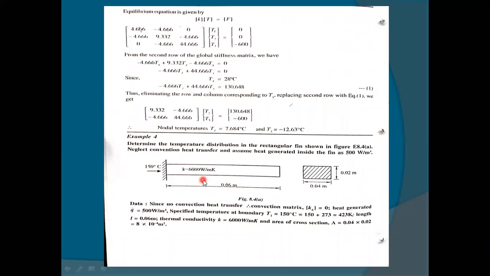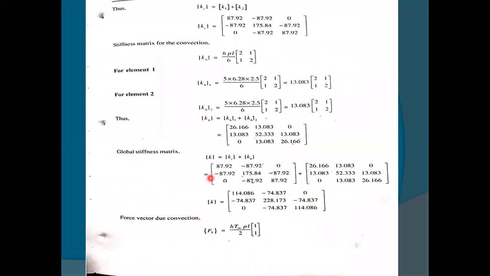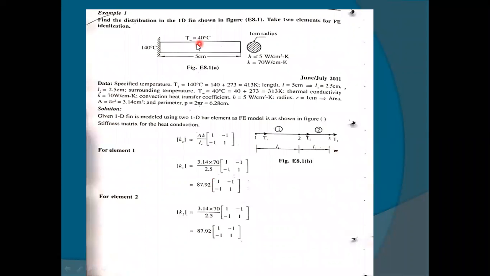And if you see the previous problem here, the same problem, the fin is subjected to surrounding temperature, so that's why they gave T infinity equal to 40 degrees. That is, the fin is subjected to surrounding air or something, so therefore there is a convection.